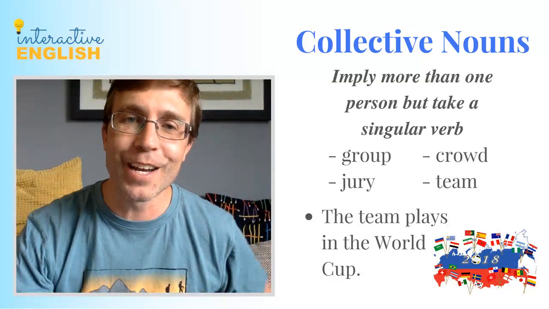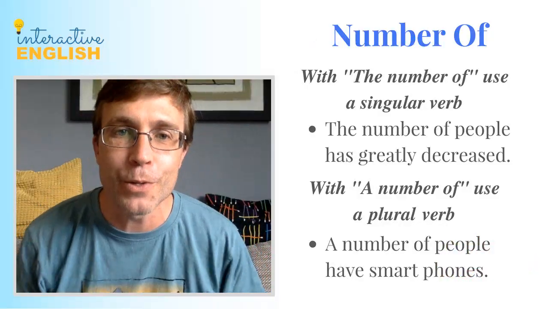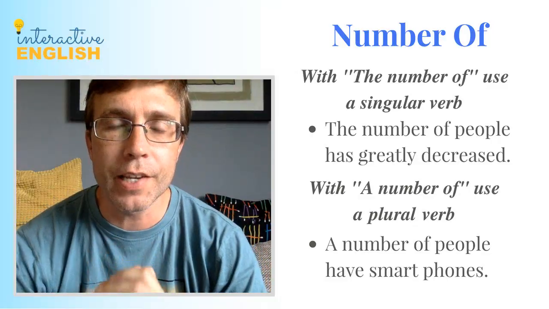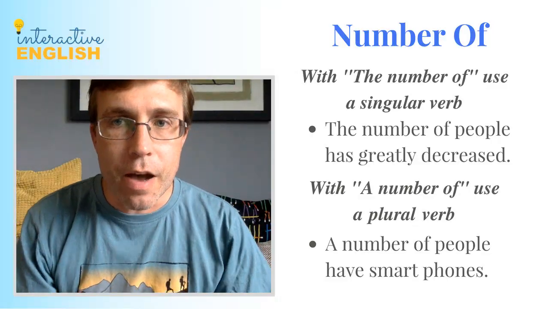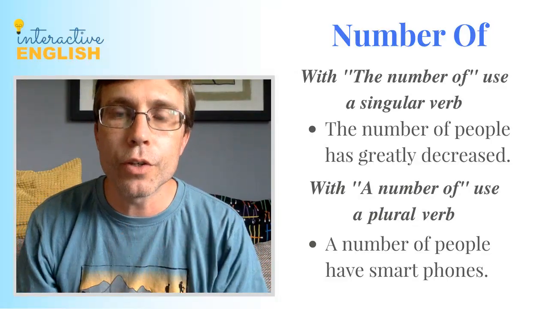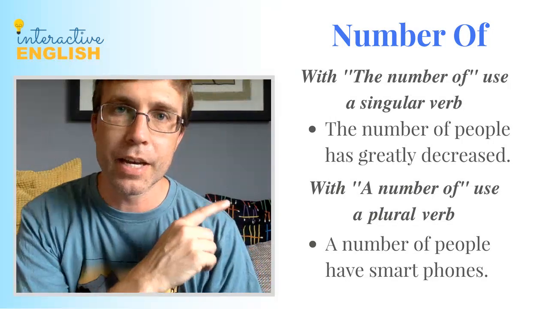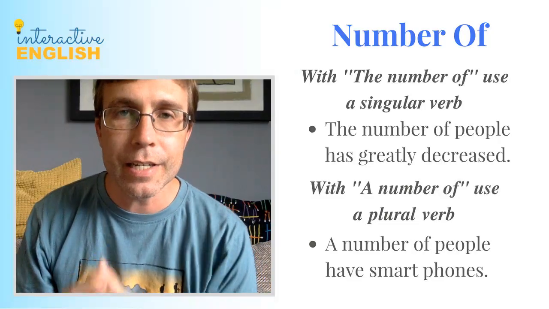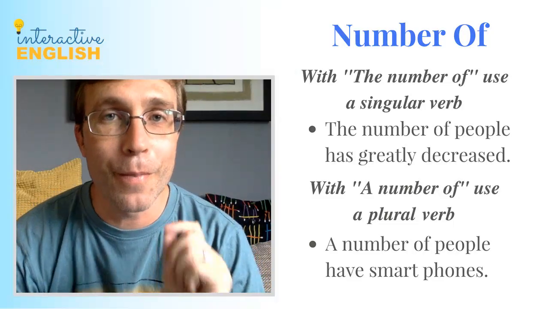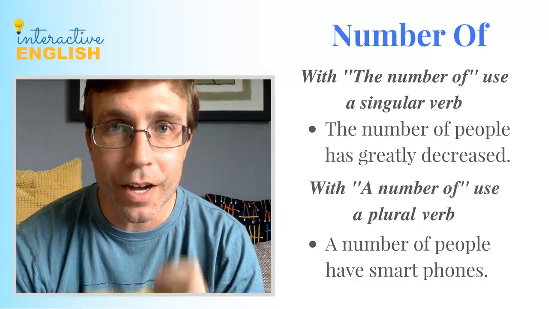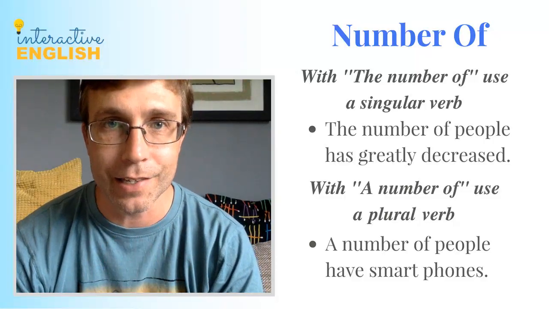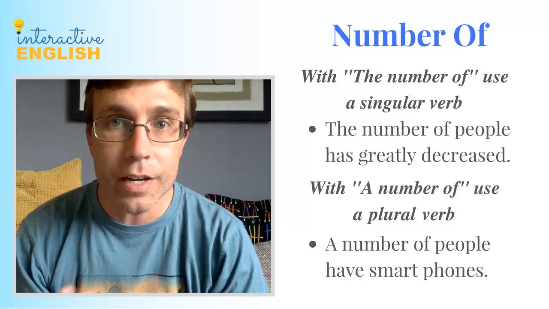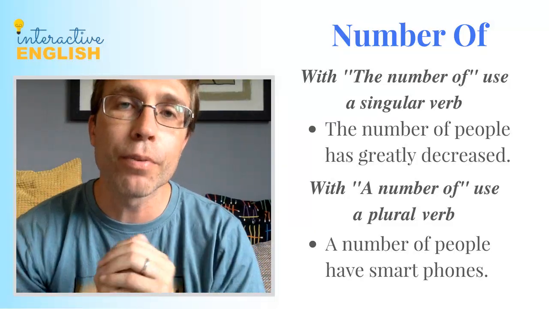So the next one I want to talk to you about is when we are using number of. If we say the number of, we're going to use a singular verb. And here's my example sentence. The number of people has greatly decreased. So keep in mind, the number of, singular verb, has. That is different if I say a number of, use the plural verb.